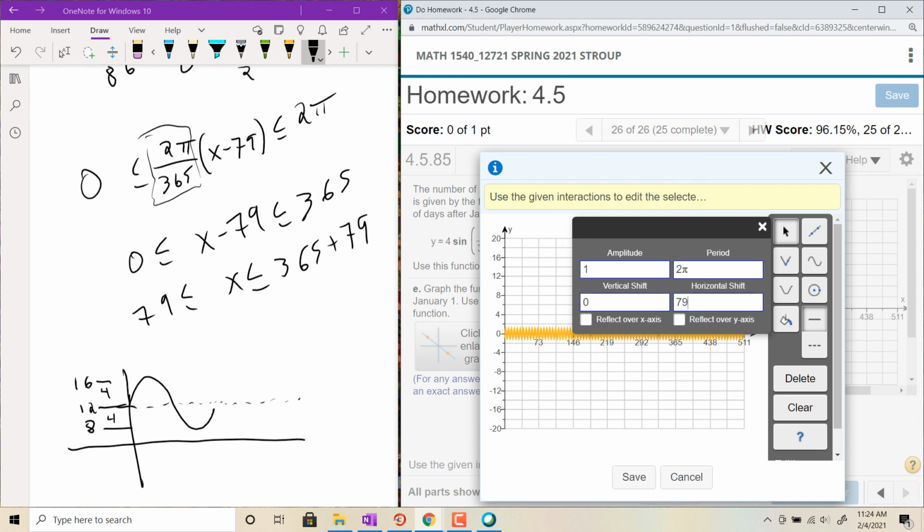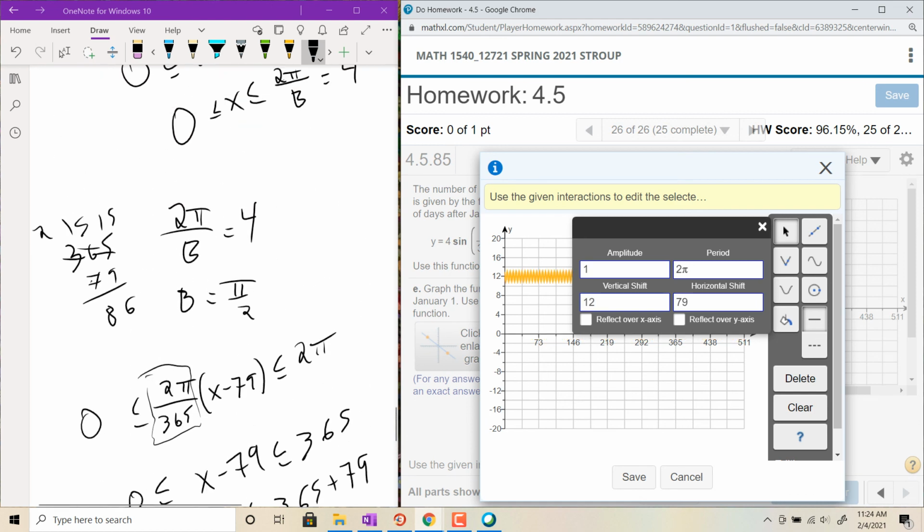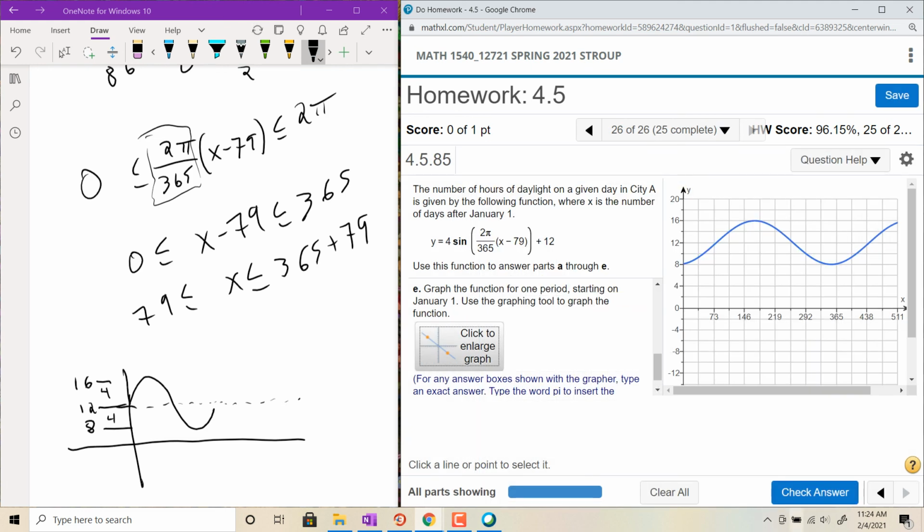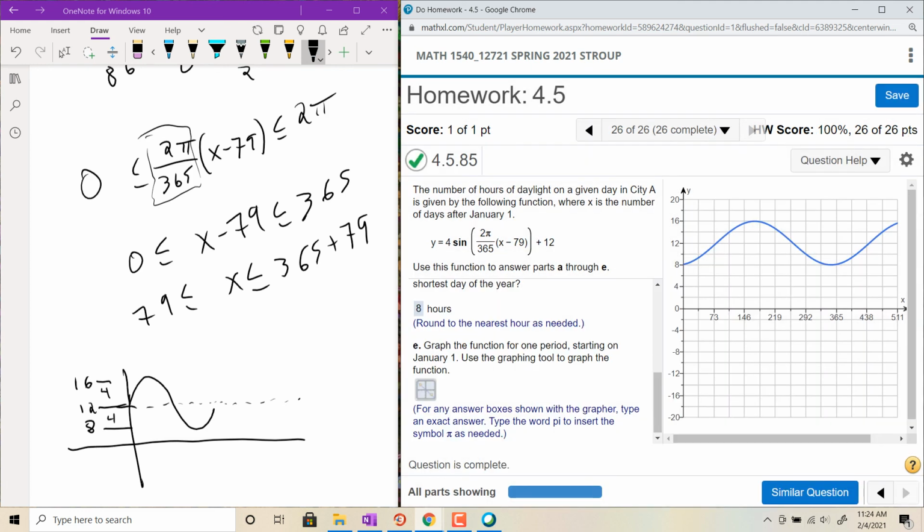That's just the phase shift. Vertical shift was 12, the amplitude was 4, and the period is 365. Save. Check answer. Yay. Okay, so that completes that.